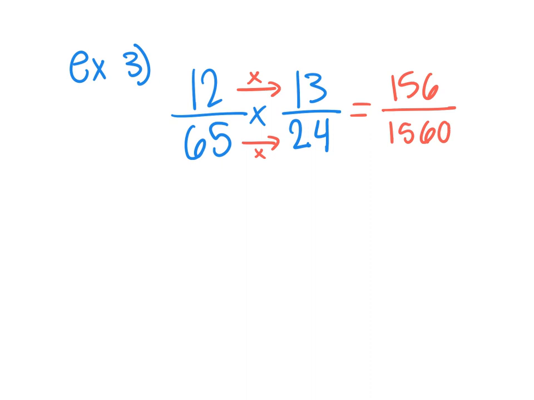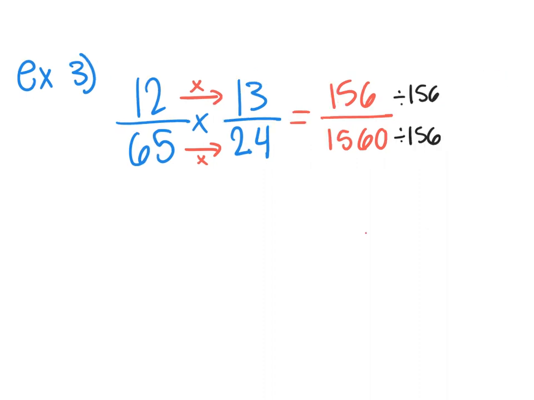So these are some pretty big numbers, but I can tell that there is one number that can go into both of these very easily, and that's 156. So I'll divide both of these by 156. 156 divided by 156 is 1, and 1,560 divided by 156 is 10. So I know that nothing can be any simpler than 1/10, so that is my final answer.